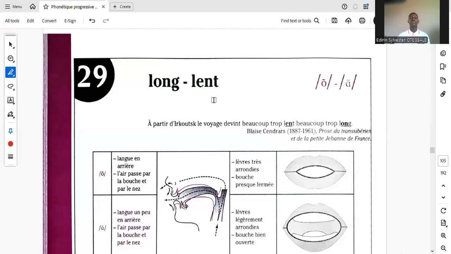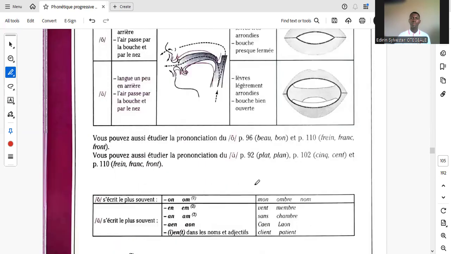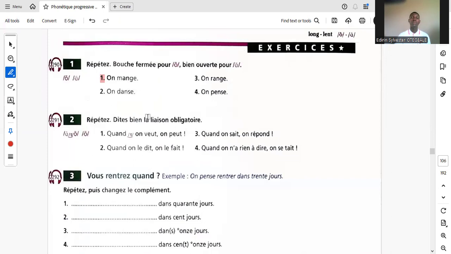Exercice 1. 1, On mange. 2, On danse. 3, On range. 4, On pense.